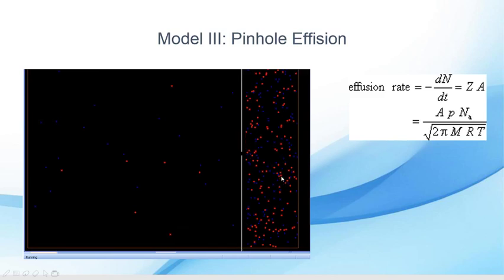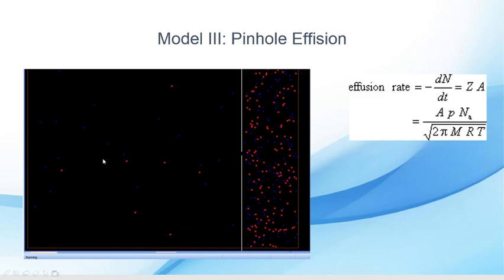Typically, the gas would not be allowed to pass through this wall, but notice we left a small hole there. That's a pinhole, and the gas will move through the pinhole to the other side. The difference from module 2 is that the main force is derived from pressure.